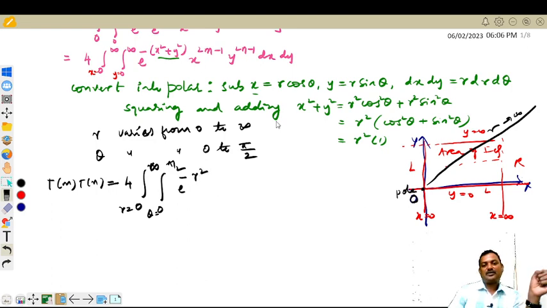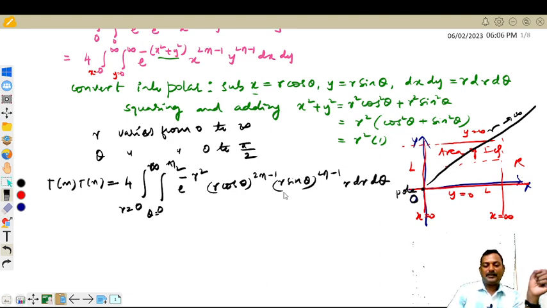You substitute x equal to r cos theta, (r cos theta) whole raised to 2m minus 1, (r sin theta) whole raised to 2n minus 1, dx dy is r dr into d theta, student.